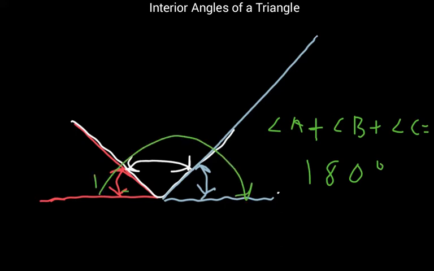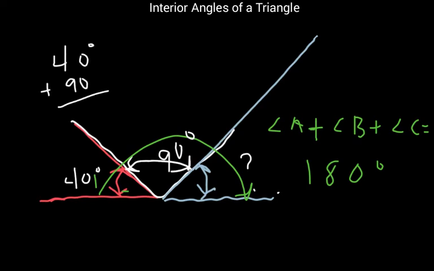So if you take the interior angles of a triangle and add their measures together, you will always get 180 degrees. In your book it says, the sum of the measures of the angles in a triangle is 180 degrees. It's always true. So if you knew this red angle was 40 degrees, and the white angle was 90 degrees, but you don't know the blue angle, you can say 40 plus 90 gives me 130 degrees.